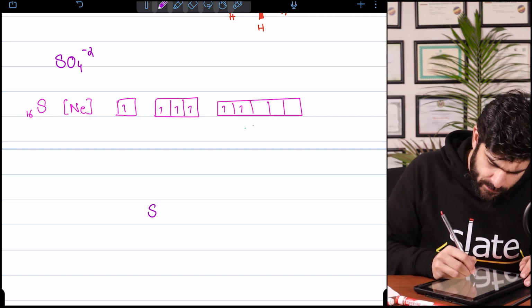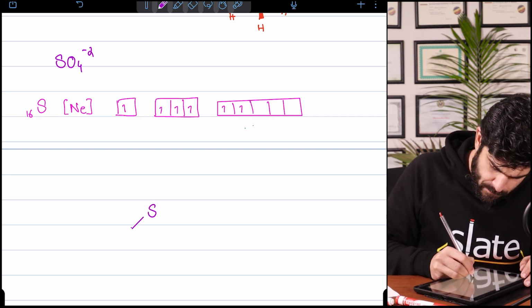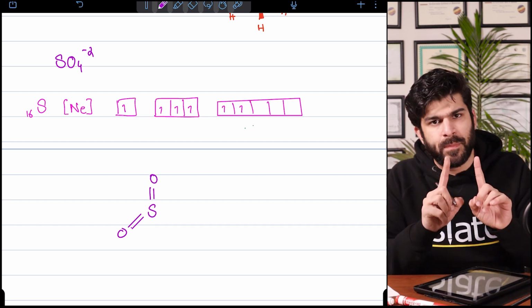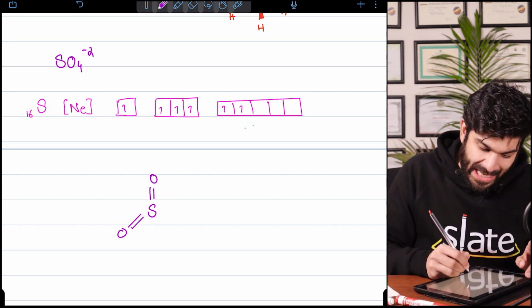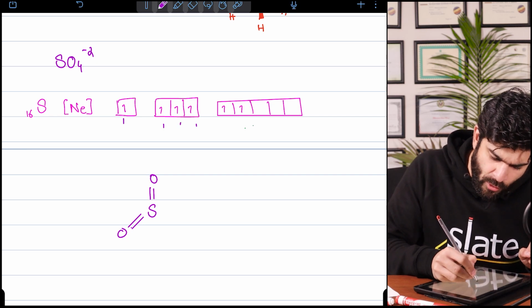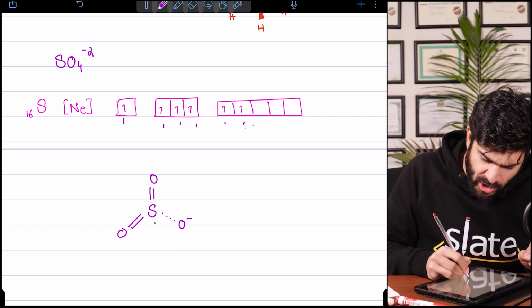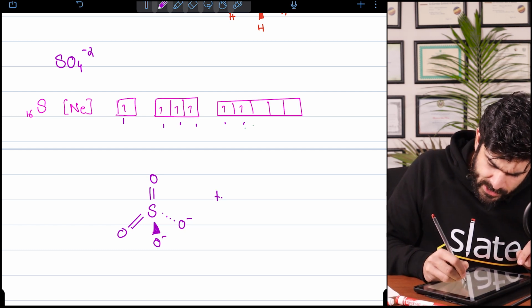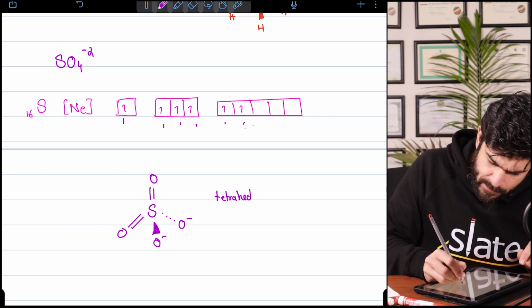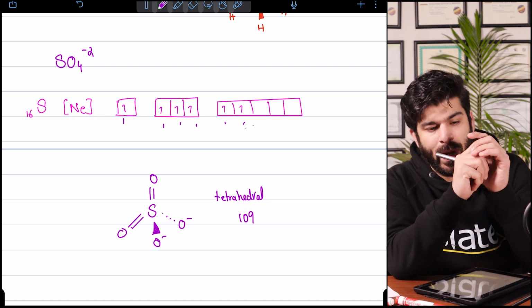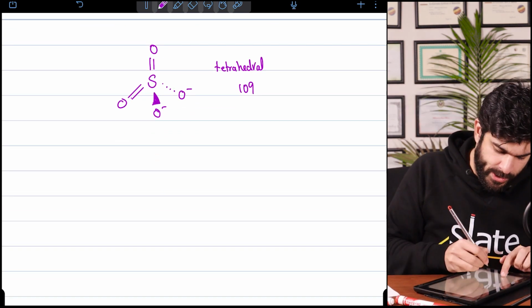So what would happen? Two oxygens will be there with double bonds, as sulfur can make 1, 2, 3, 4, 5, 6 bonds now. One will be dot with a negative charge, and the other will be a wedge with a negative charge. This is a tetrahedral shape, 109 angle.